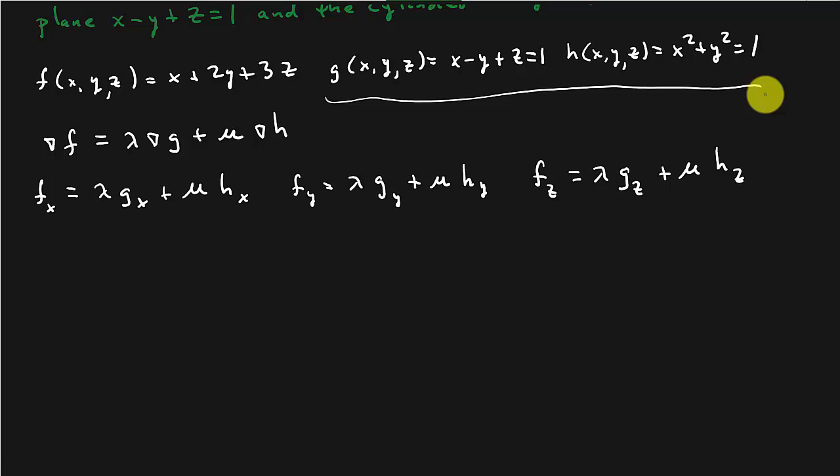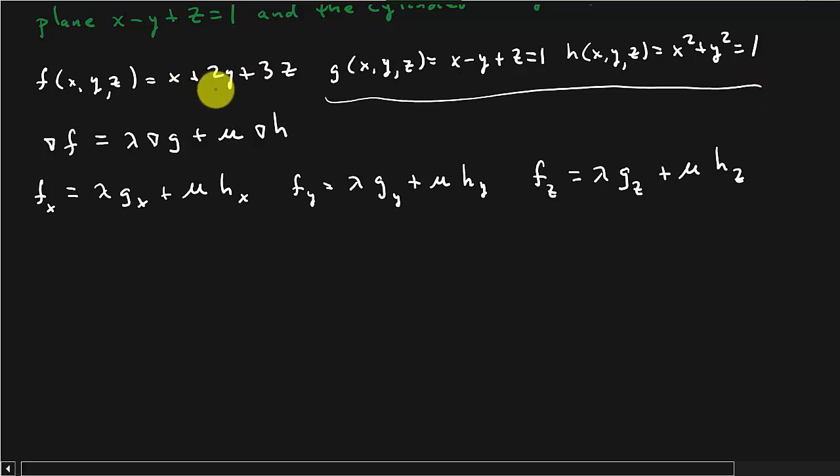All right, so let's see what we have here. The partial of f with respect to x is 1. And then the partial of g with respect to x, that's 1 also, so 1 times lambda is lambda, plus the partial of h with respect to x, which is 2x times mu.